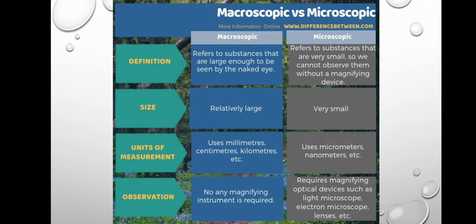So microscopic particles are measured using these kinds of scales. If we have to observe any larger quantity, we do not require any magnifying glass. But if you are observing any microscopic quantity, it might require magnifying optical devices such as a light microscope, electron microscope, lenses and all of that. All that we are going to study.